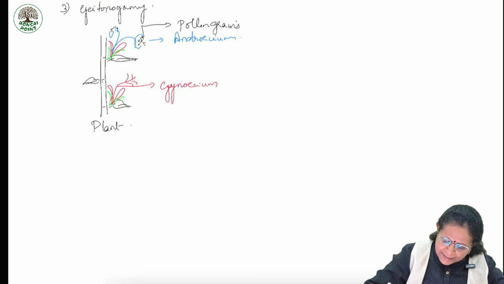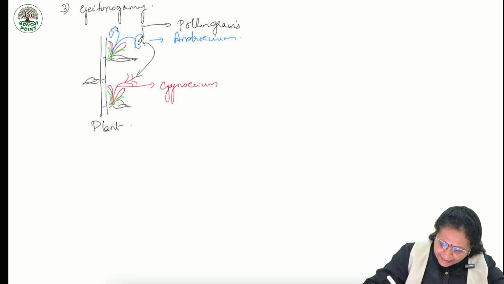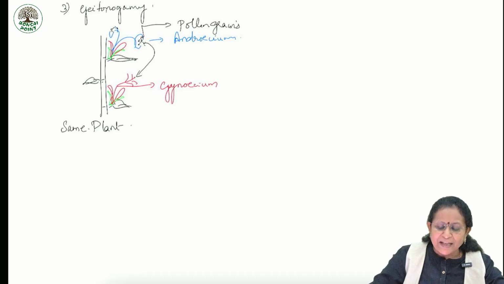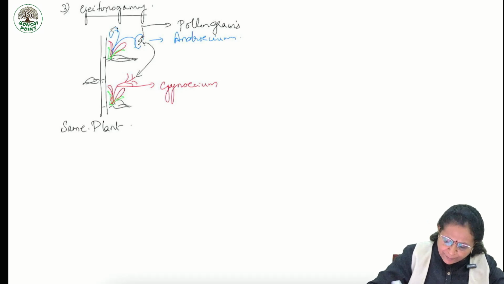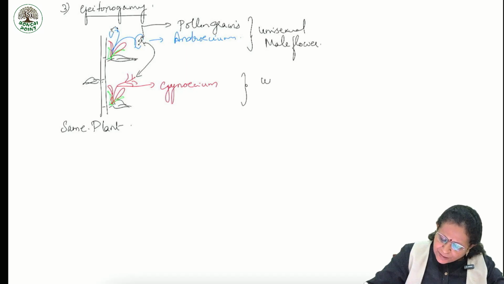The pollen grains are being transferred from the anther to the stigma of another flower, but on the same plant, another flower on the same plant. Thereby it is said to be geitonogamy. So that means what? This is a unisexual male flower, and this is a unisexual female flower.